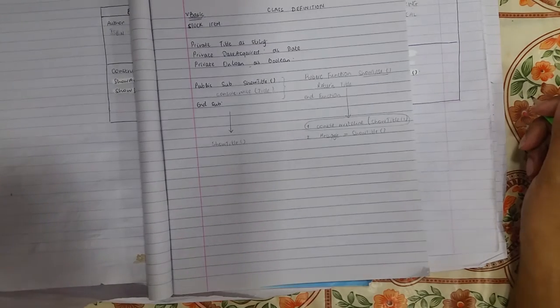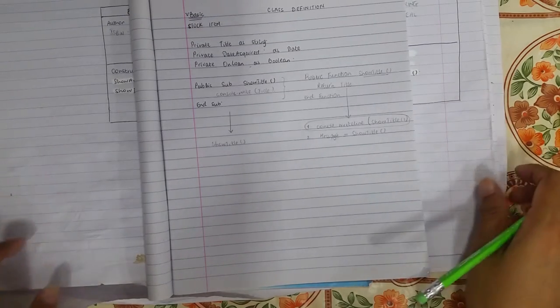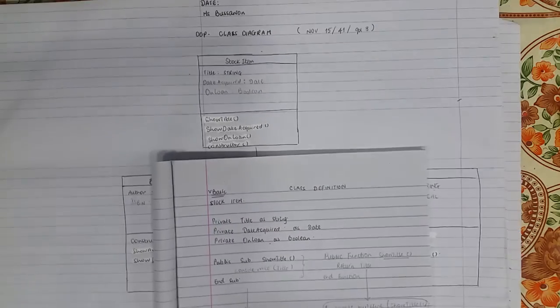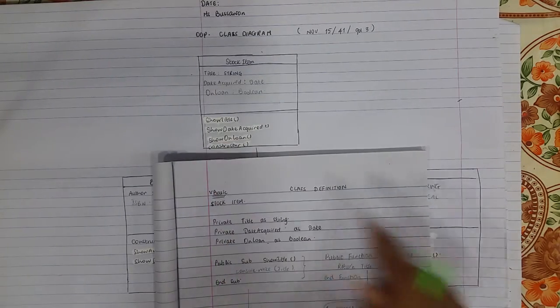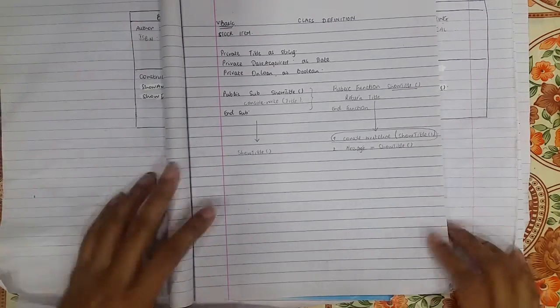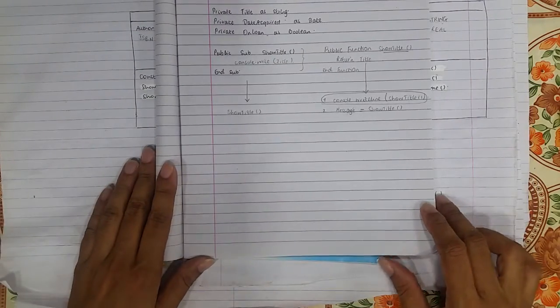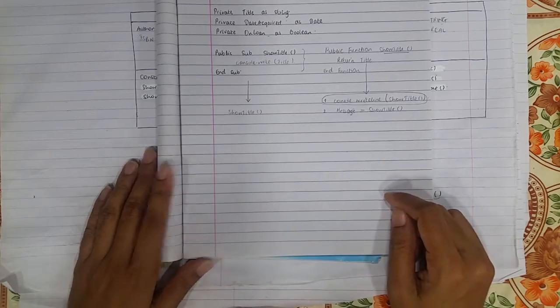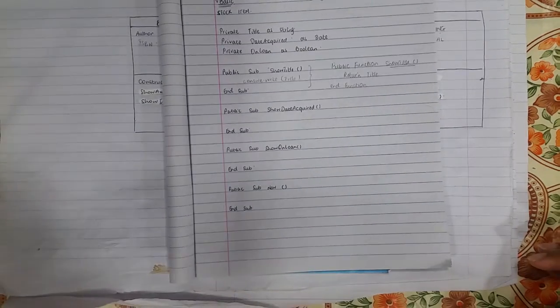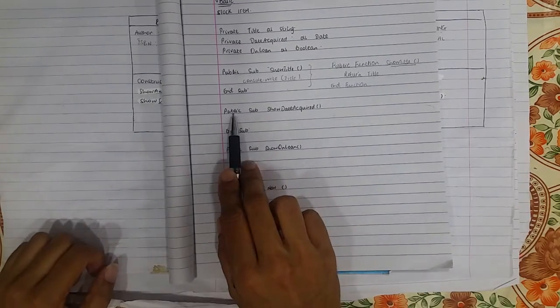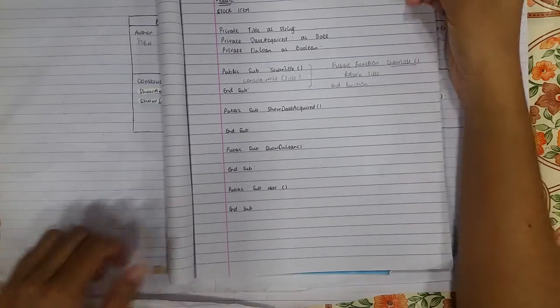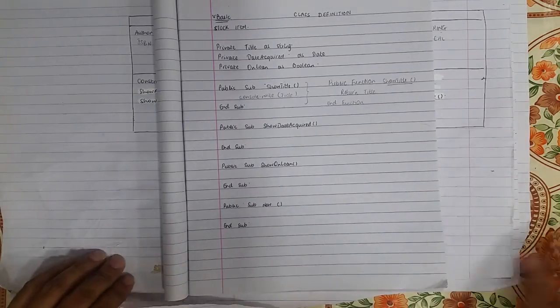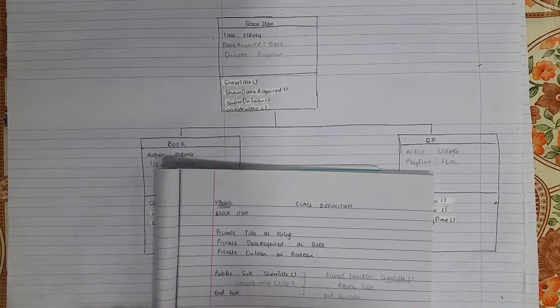Now, let us move on to the second method that we have inside the stock item. We have show data acquired, show unknown, and show constructor. This should be quite easy for you. Étant donné mon fini d'un autre point, je vais faire pour les autres. So here you are, the four methods in the class diagram.